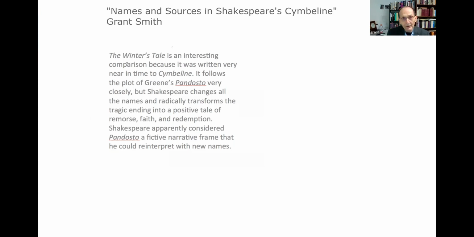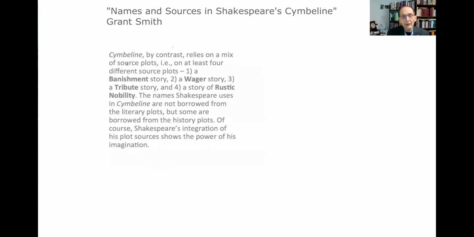Cymbeline, by contrast, relies on a mix of source plots, on at least 4 different source plots: a banishment story, a wager story, a tribute story, and a story of rustic nobility. The names Shakespeare uses in Cymbeline are not borrowed from the literary plots, but some are borrowed from the history plots. Of course, Shakespeare's integration of his plot sources shows the power of his imagination.